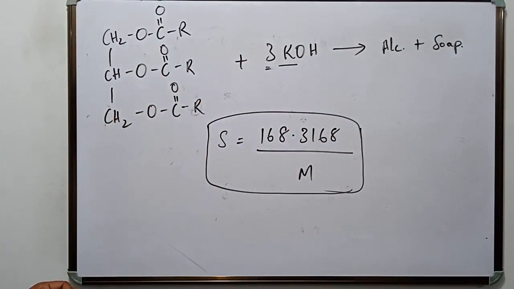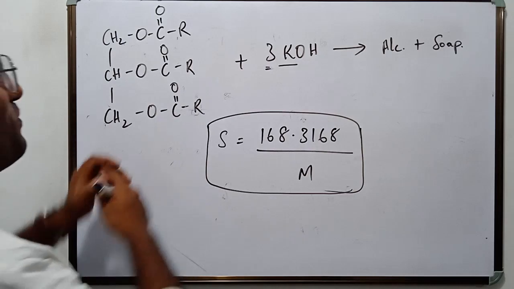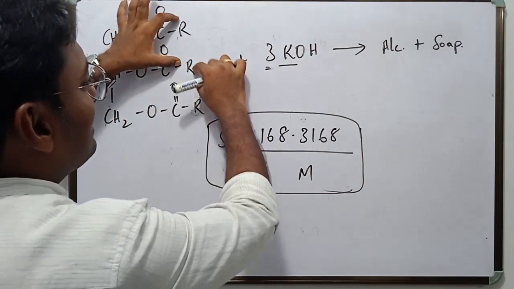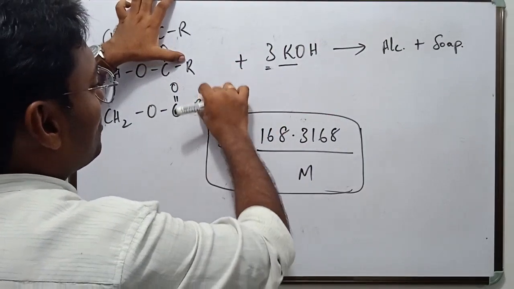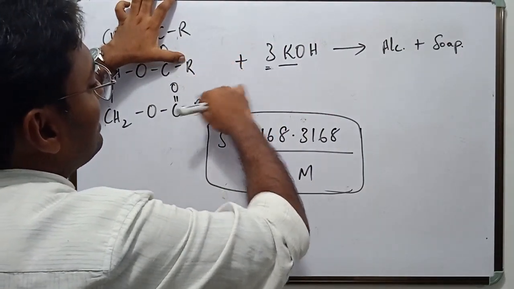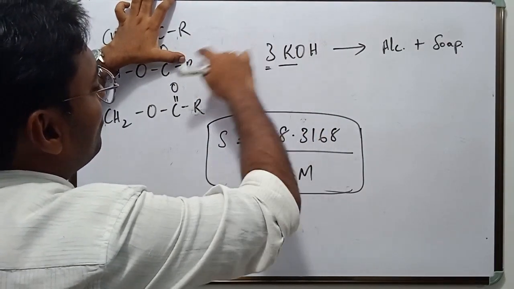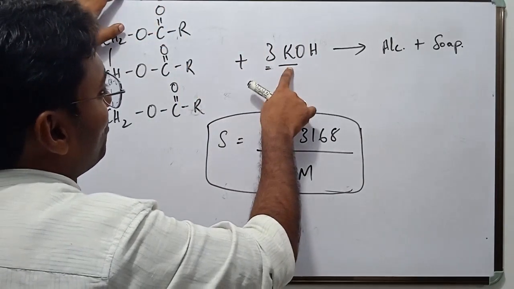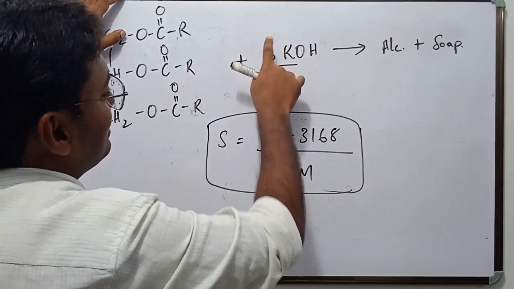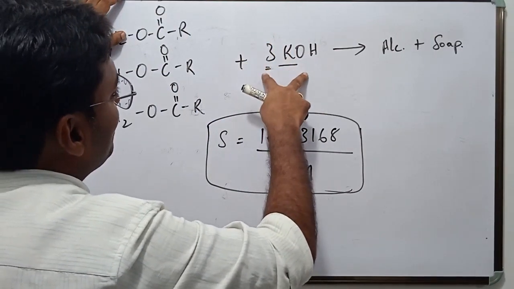Do you understand anything? Yes, let me tell you. If you are using a more lengthy chain of fatty acid, what would happen? The numerator would neither increase nor decrease; it will remain constant.